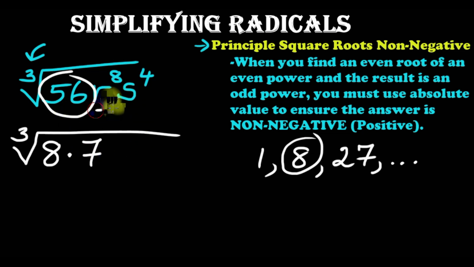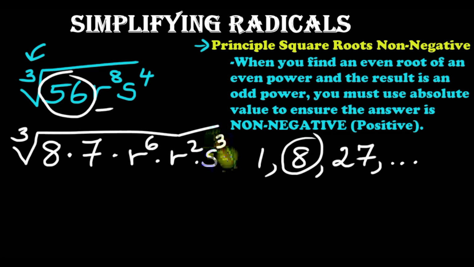And then for the r, 3 cannot go into 8, but 3 can go into 6. So you want to rewrite that using 6 and 2. So r to the 6 times r squared, that's going to give you 8. And then here 3 cannot go into 4, but 3 can go into 3. So you want to use s to the 3rd power times s.